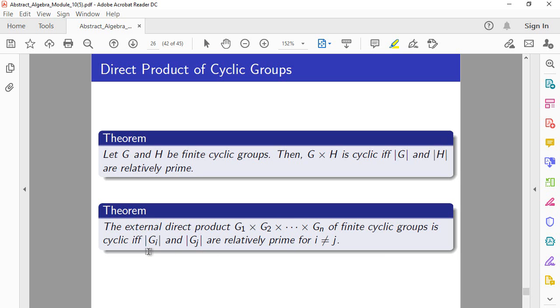So the order of Gi and the order of Gj are relatively prime for any i not equal to j. So for the external direct product of cyclic groups to be cyclic, the component groups must have relatively prime orders.